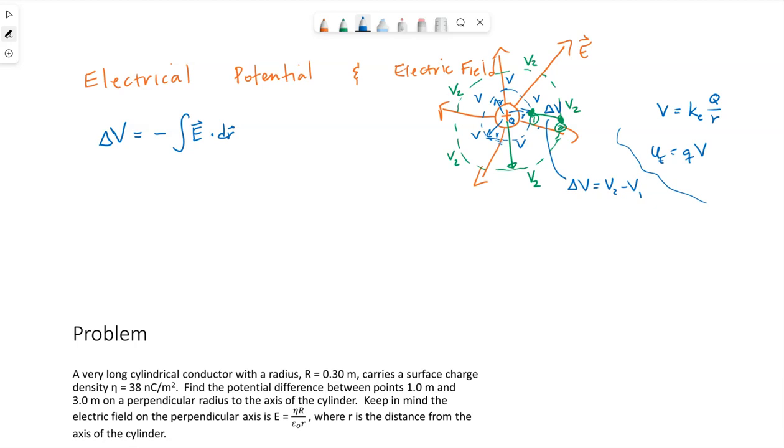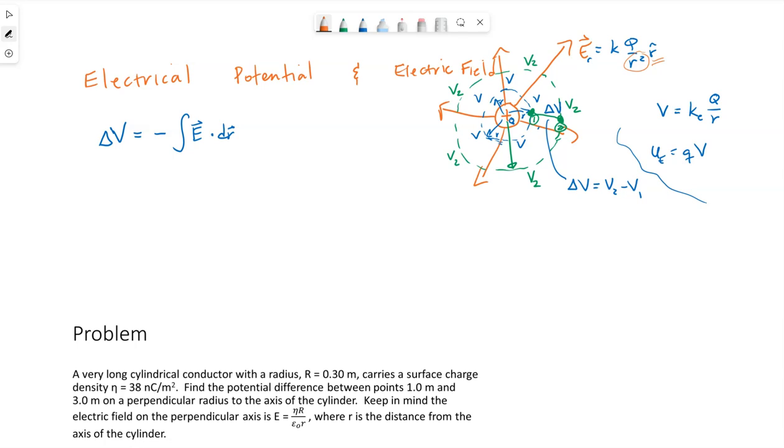Since the electric field of a point charge depends on the charge and how far away from the charge we are calculating it, to move parallel to this electric field, we need to move parallel to the r hat direction, radially outwards.